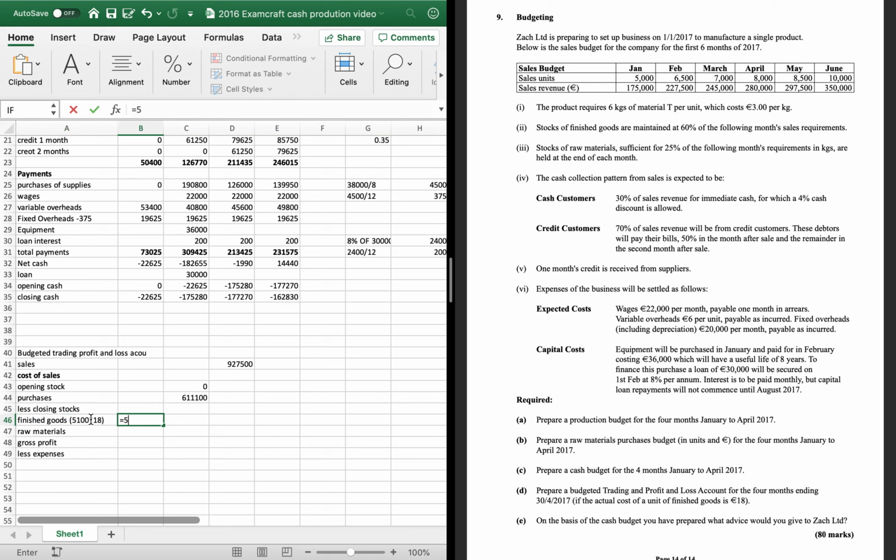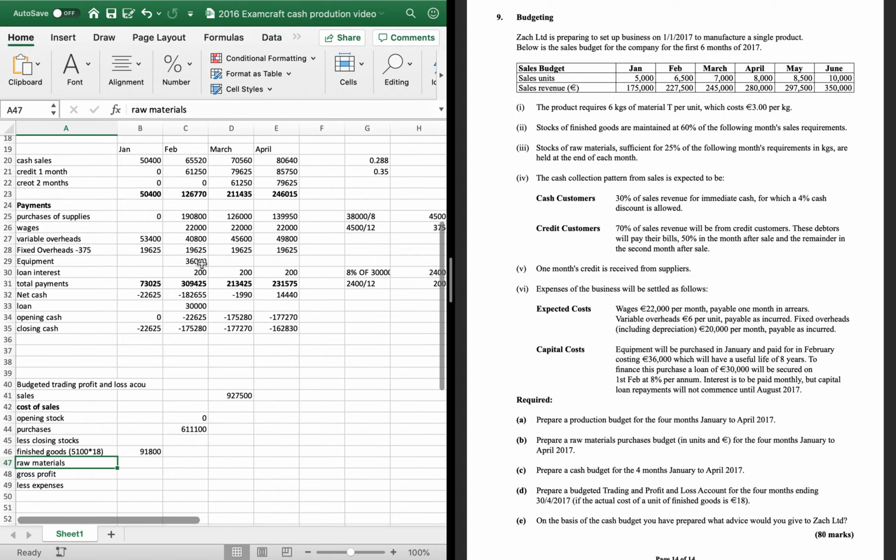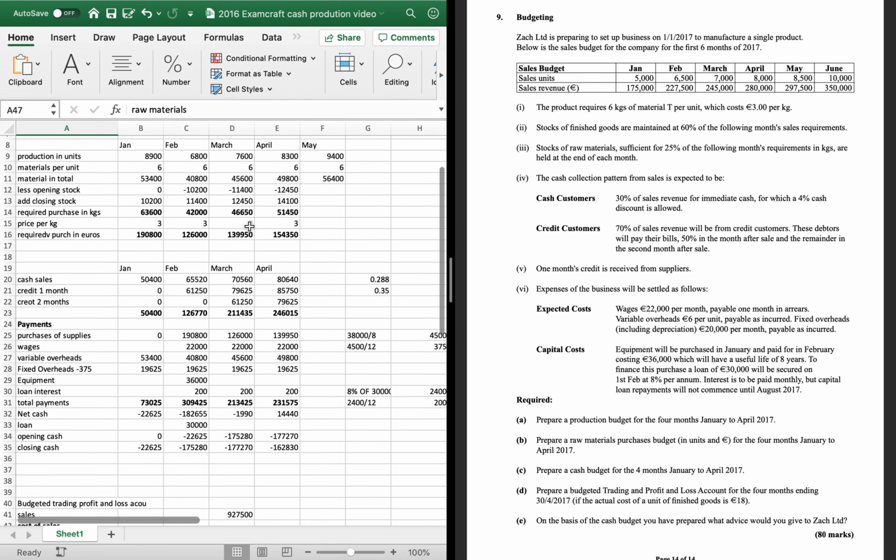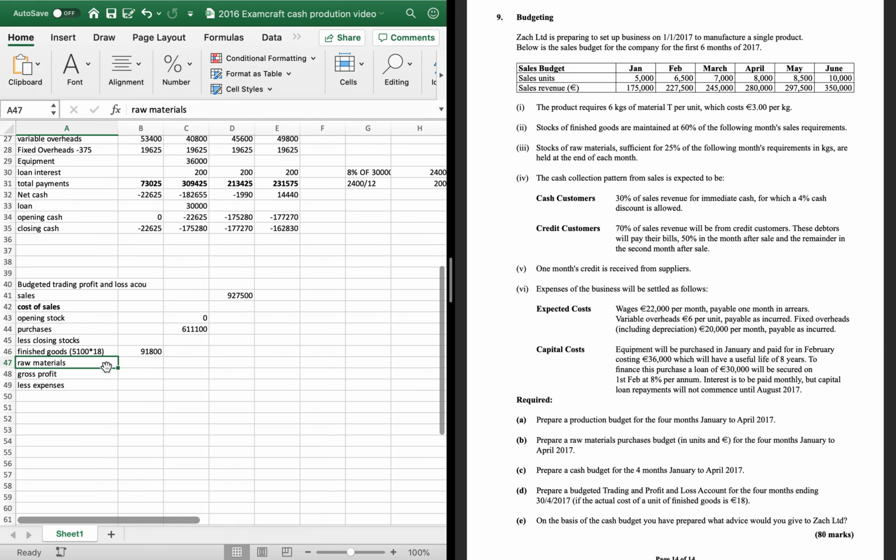Okay. Your closing stock on raw materials, well, we know the price of raw materials is €3 per kilo. And for part B, we know the finishing stock of raw materials is 14,100 in April. So it's 14,100 by 3, which is 42,300. So we'll add those together.